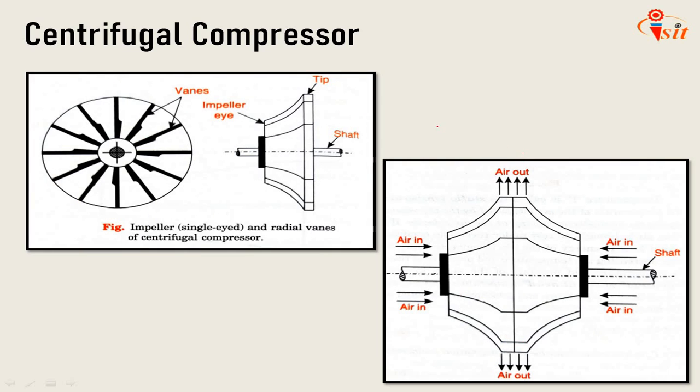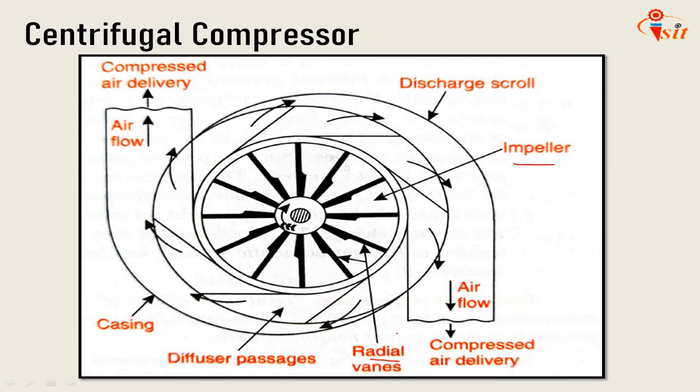So here is shown the single-eyed impeller and radial vanes of a centrifugal compressor. It is a double-eyed centrifugal compressor. So that is the example. Now how does it work?